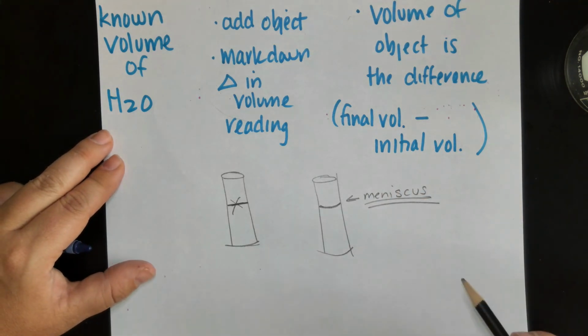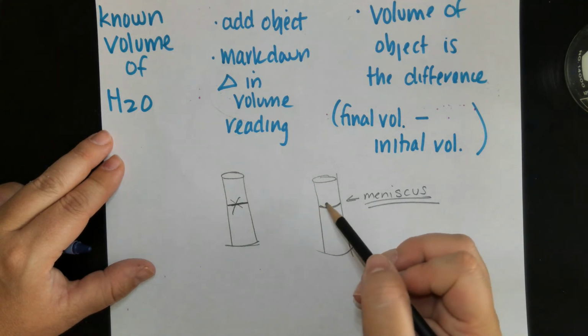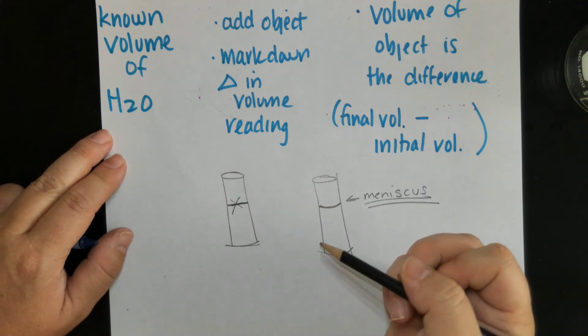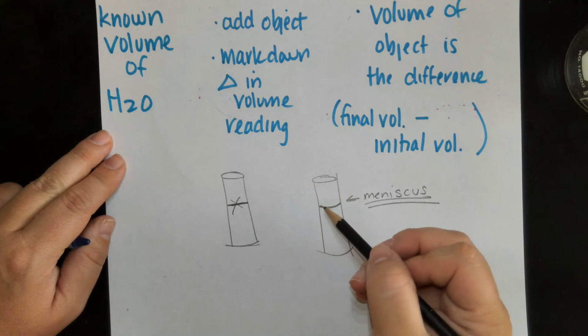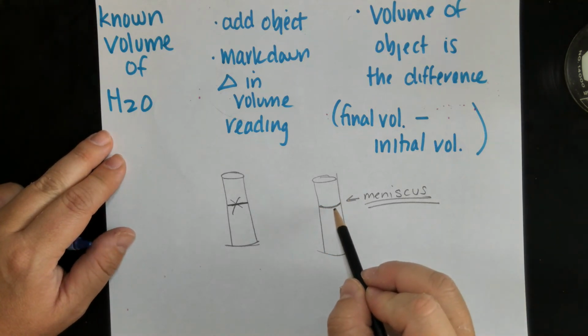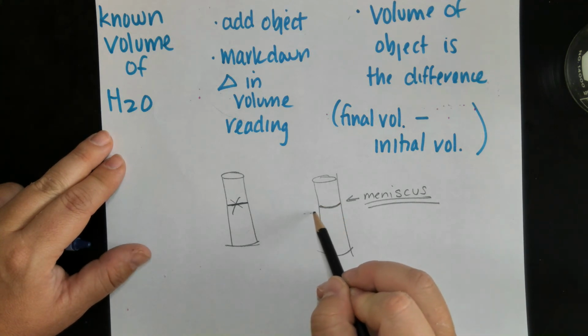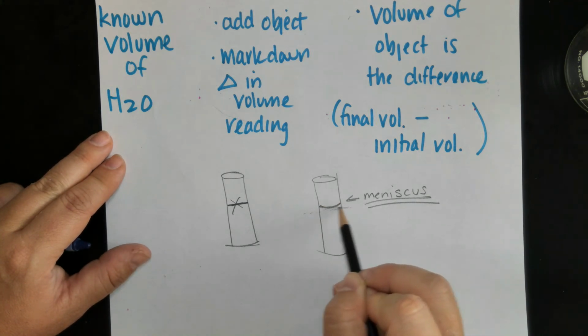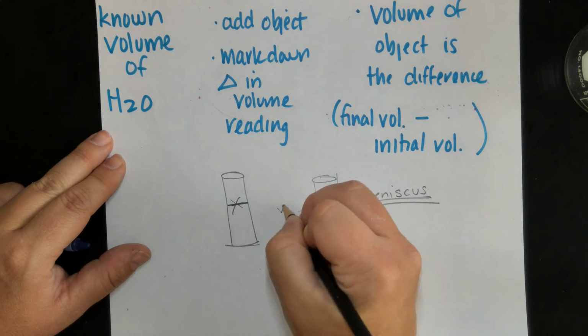Okay, that is the meniscus. Why does this happen? Because of cohesion and tension within the particles. Those water particles try to stick to the sides of the container. This is called a meniscus. We want to read the volume from the very dipped down part here.